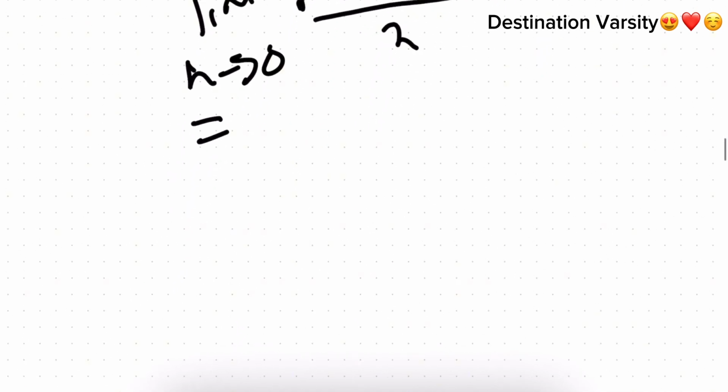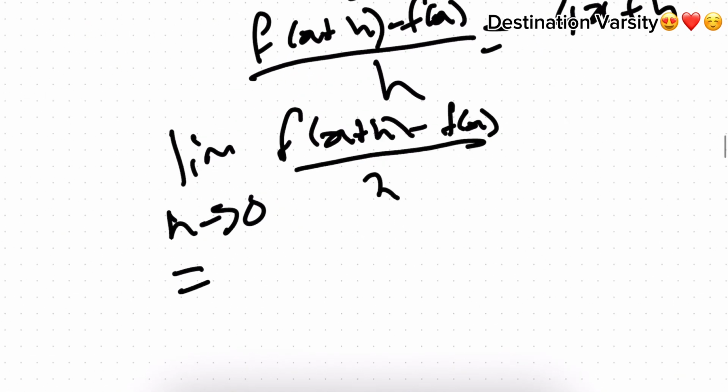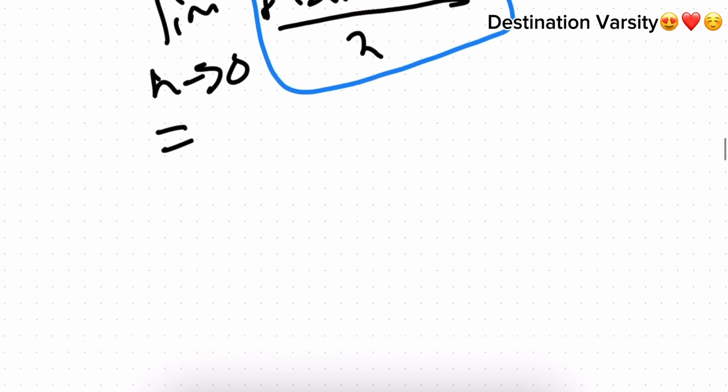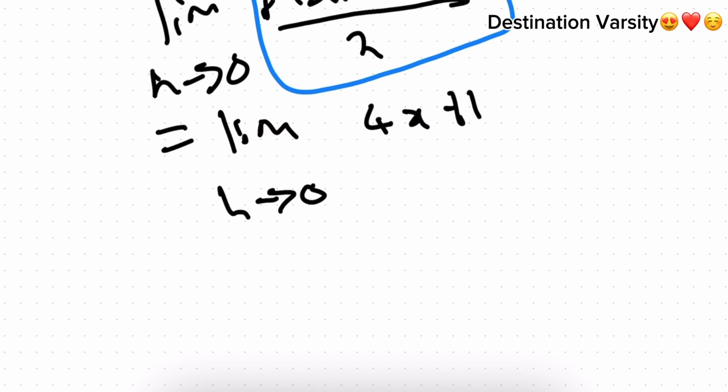This is equivalent to 4x plus h, because this expression is the same as this, so we can just replace it. So now you have the limit as h approaches 0 of 4x plus h.